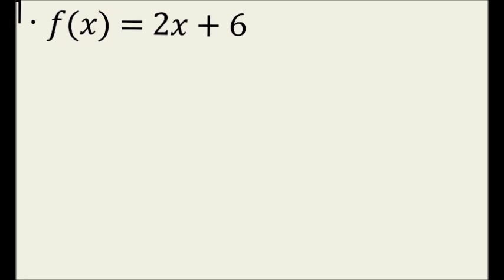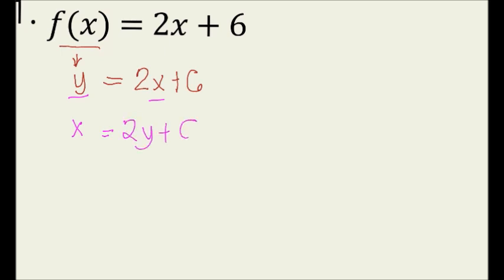Okay, so let's start. With the first example, we have f of x is equal to 2x plus 6. First step, replace this with y. Y equals 2x plus 6. Second step, we interchange the variables x and y. So we will have x is equal to 2y plus 6.